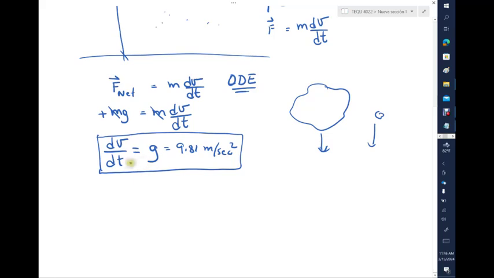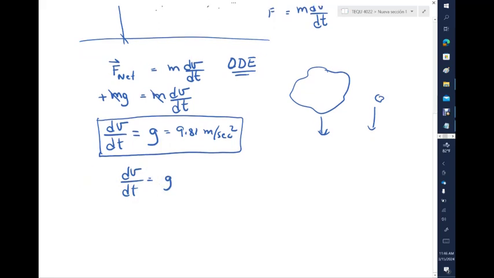Now, solving this is straightforward. You separate variables, so t is on one side and the velocity is on the other. You multiply by dt on both sides, this cancels out, and you end up with dv equal g dt.